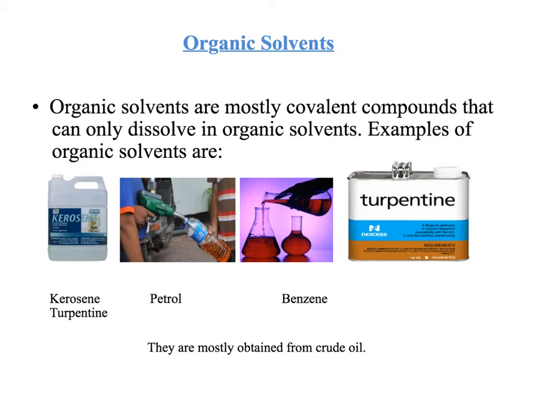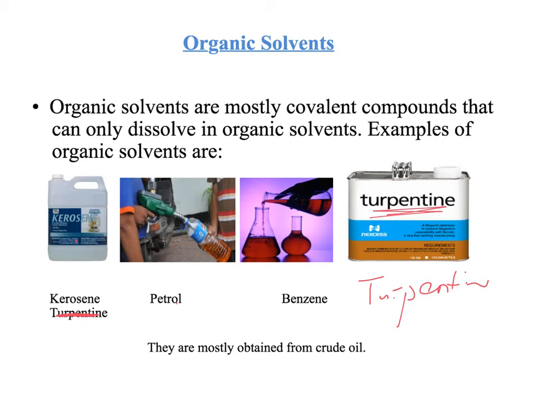Now, organic solvents. These are mostly covalent compounds that can dissolve organic substances. Examples are kerosene, petrol, benzene, and turpentine.